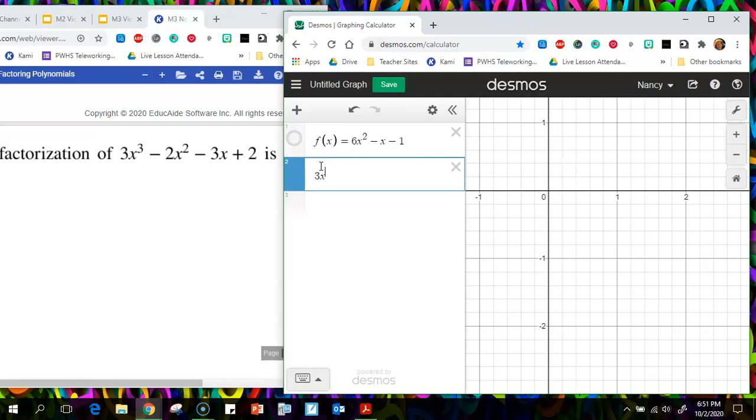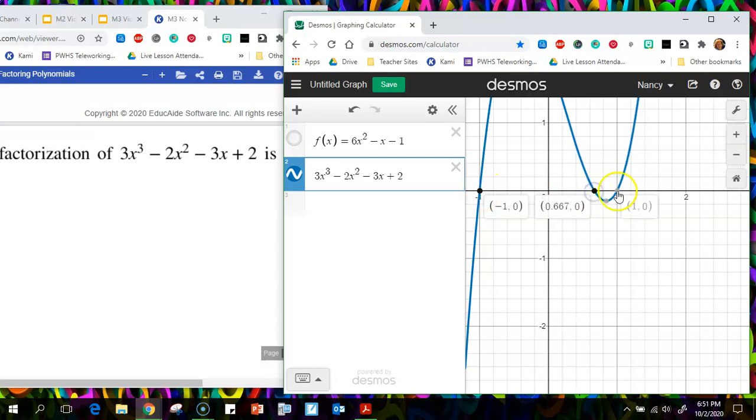3x cubed minus 2x squared minus 3x plus 2. Let's see. Yeah, we can do this one.